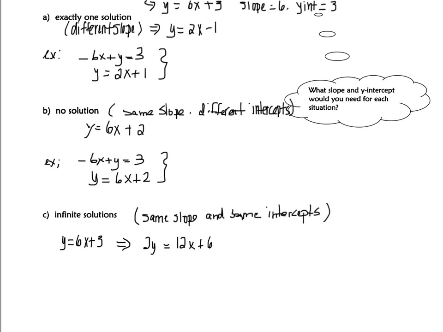So that would mean our system would be negative 6x plus y equals 3 was the given equation that we had, and then we can combine it with 2y equals 12x plus 6. And because those would be the exact same equation when you change both to slope-intercept form, there would be infinite solutions because it would be the exact same line.